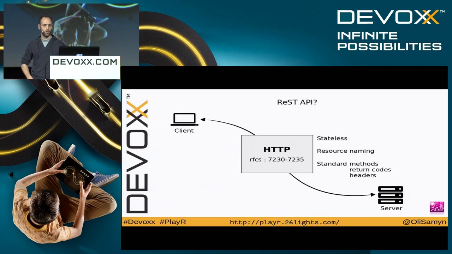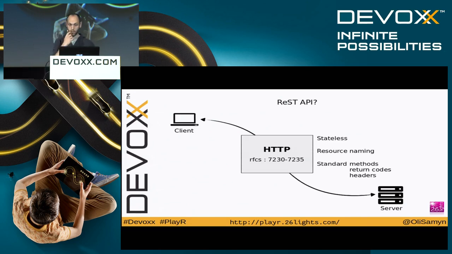Use an HTTP method that says, please do an update. Everything is already there in the protocol. You don't need a JSON that says the method I want to call is update. There is a standard HTTP update method.